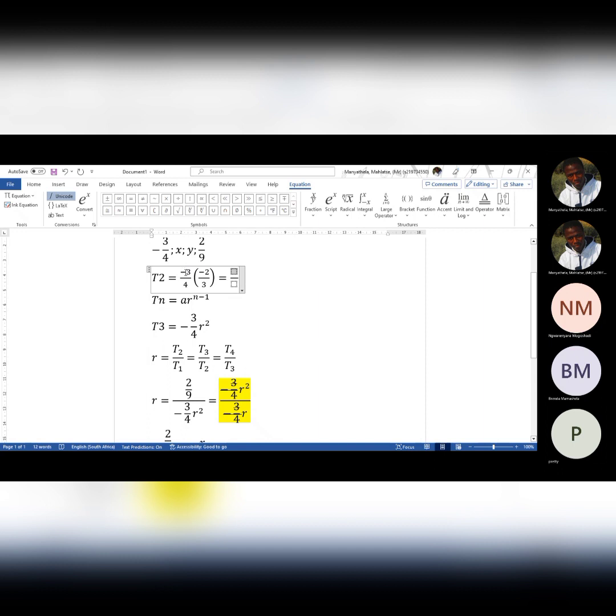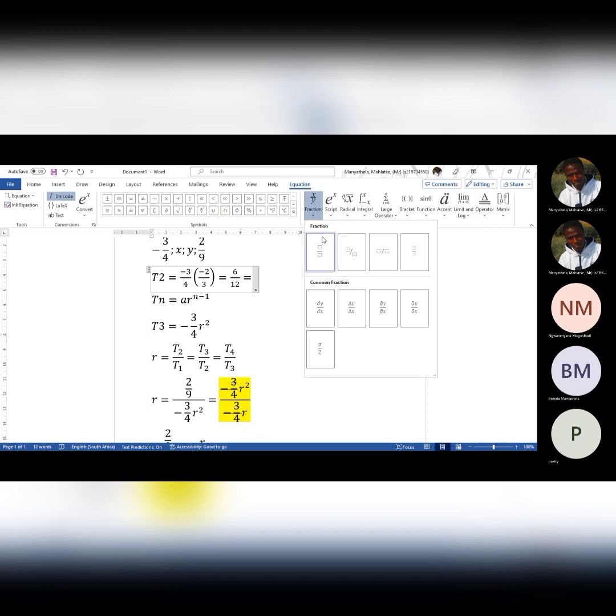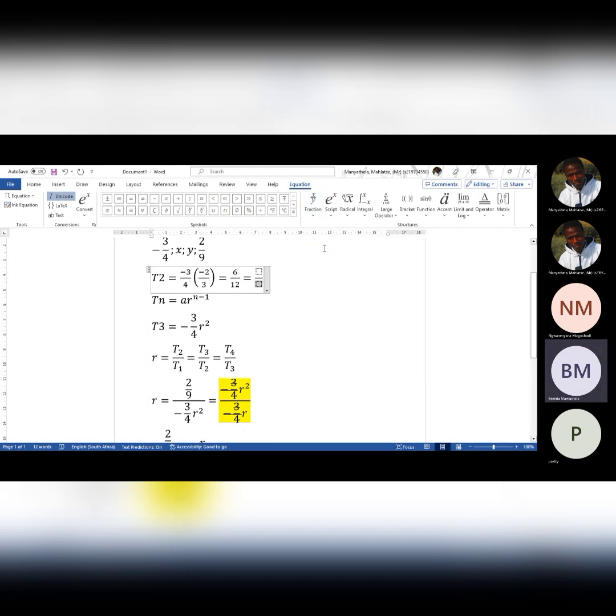So negative 3 times negative 2, negatives give positive, 6. Then 4 times 3 is 12. So 6 divided by 12 is 1/2. So the answer is again 1/2.